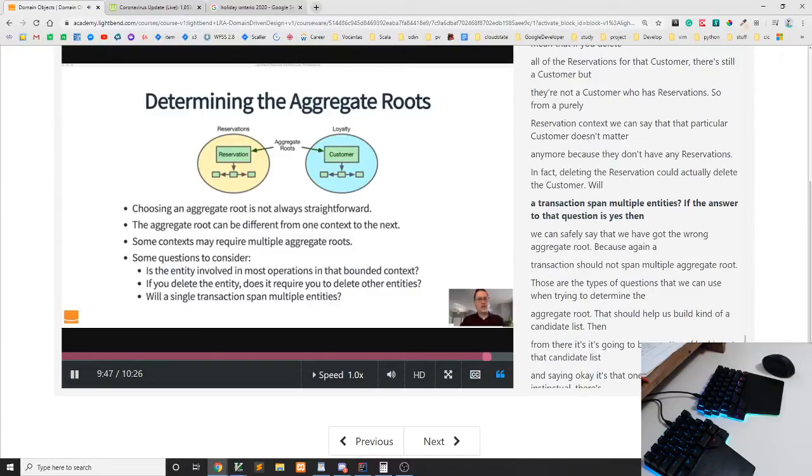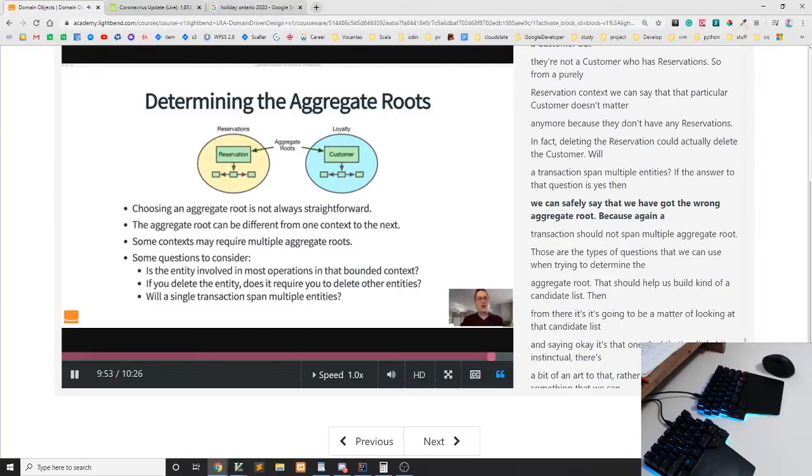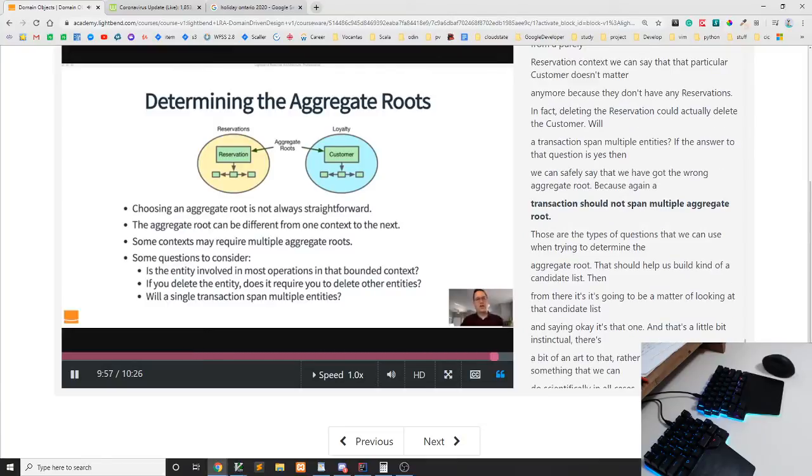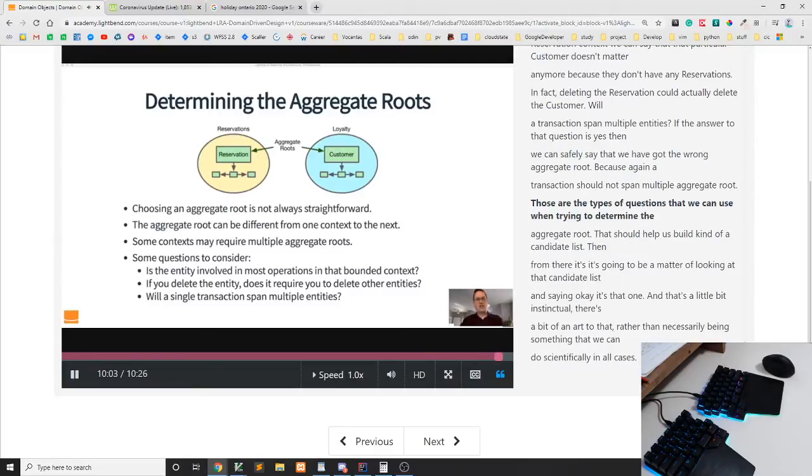Will a transaction span multiple entities? If the answer to that question is yes, then we can safely say that we have got the wrong aggregate root, because again, a transaction should not span multiple aggregate roots. So those are the types of questions that we can use when trying to determine the aggregate roots.